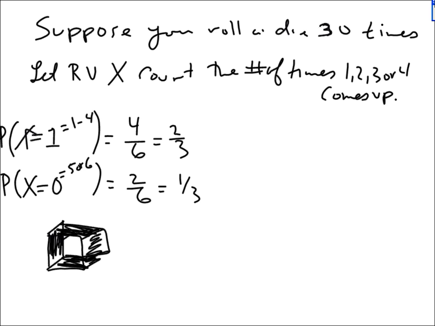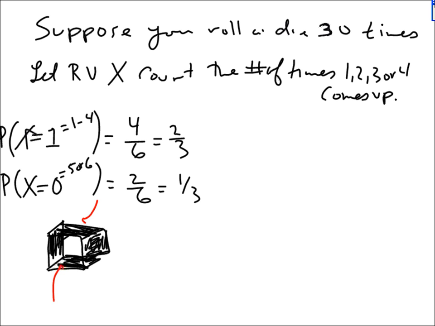Paint them black. And now you can paint the back and the front red. Okay, now roll the die. There's 2 outcomes. You either get red or you get black. So it really is 2 outcomes. You can have 2 outcomes even with a die.